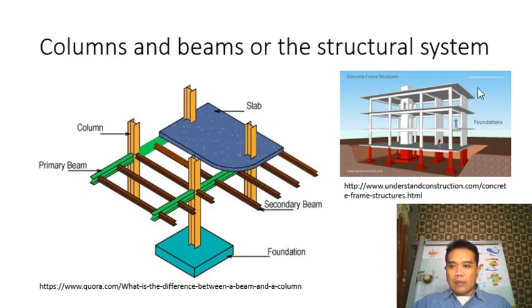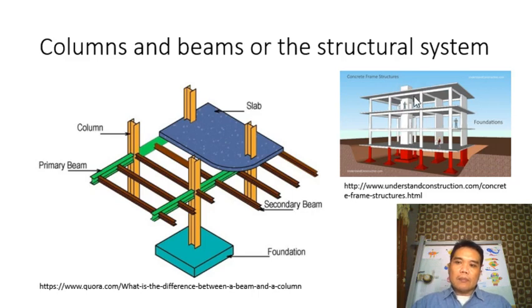So this horizontal element between column and slab combined with the vertical element between column and walls, and also we will have a 3D wall that we call core.